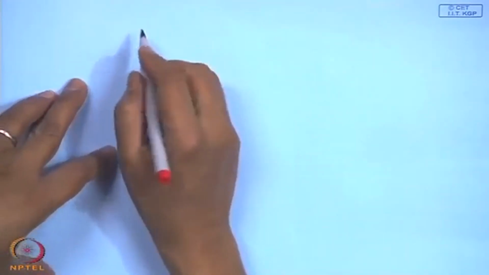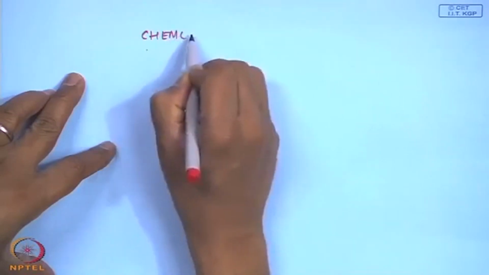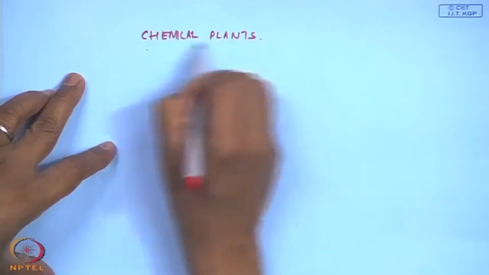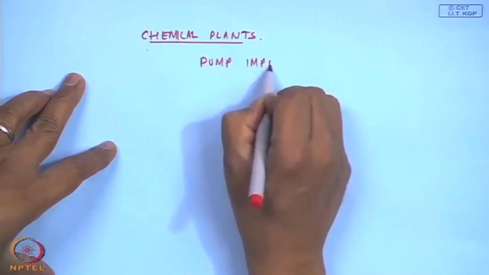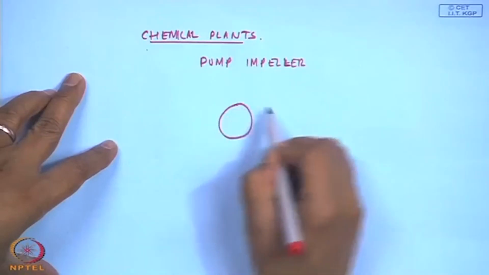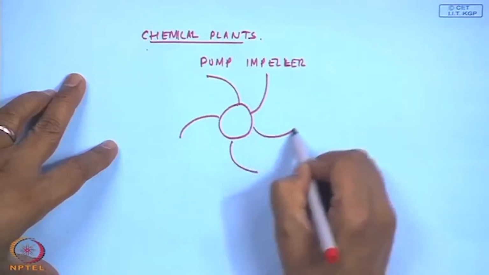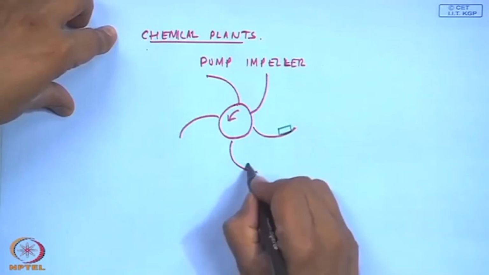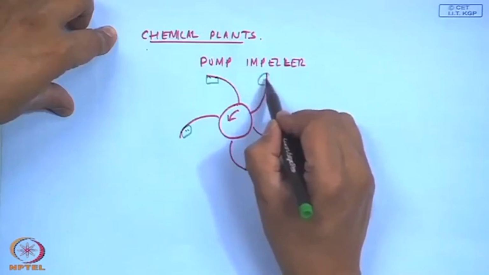So, many things happen in chemical plants. In the pump impeller, if I just draw the blades, there could be particles which will get stuck, sometimes not uniformly.